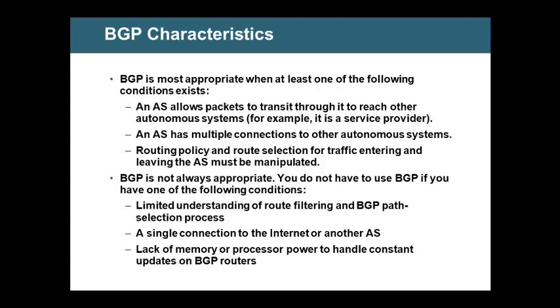On the other hand, if your autonomous system is a transit autonomous system, or if you have multi-homing scenario, or if you have policies in path selection like traffic engineering, then you need BGP. With BGP attributes, you can achieve policy-based path selection.